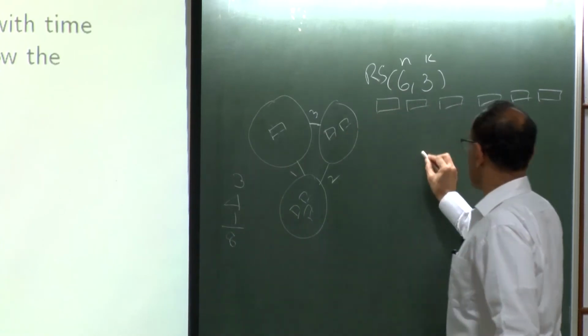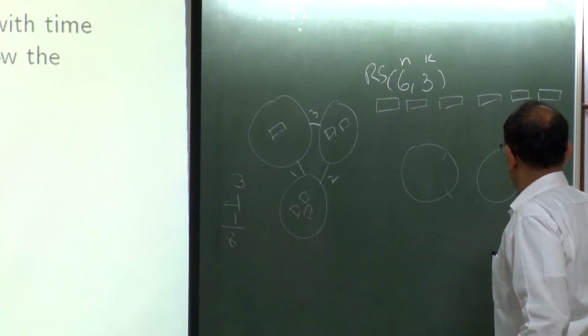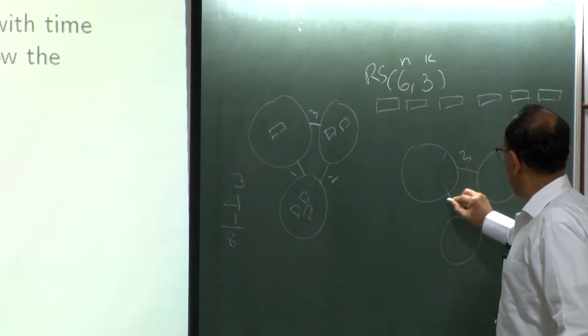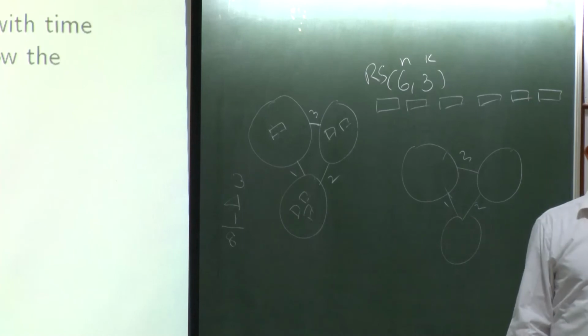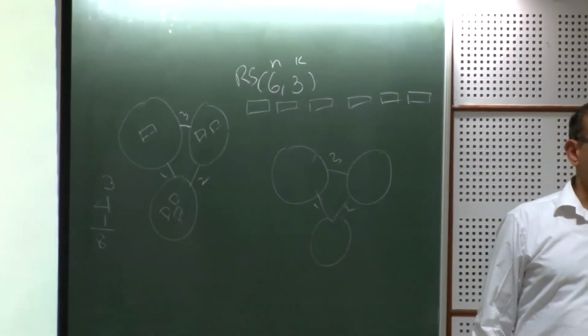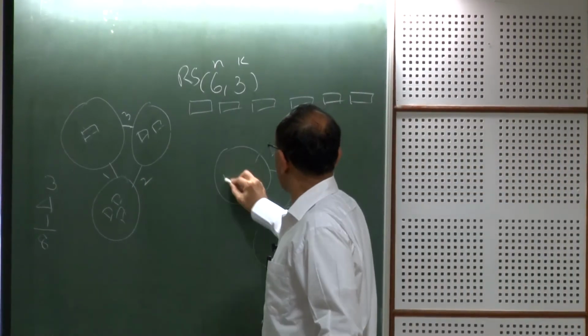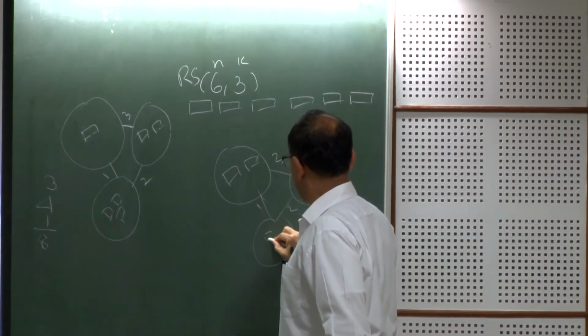Now we can have a different placement with the same locations, with costs 3, 1, 2. Here you may have another combinatorial way to place them. Maybe here you place 2, and 1 here, and 3 here again.